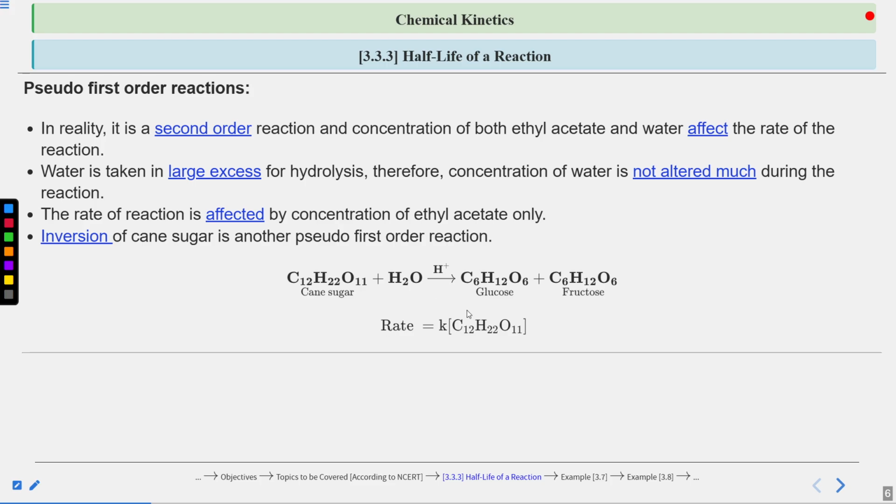So the rate for this reaction is k, the rate constant, multiplied by the concentration of the reactant, that is cane sugar C12H22O11. Now this looks like a first order reaction, right? Because only one power is there for the reactant, but it is not first order.